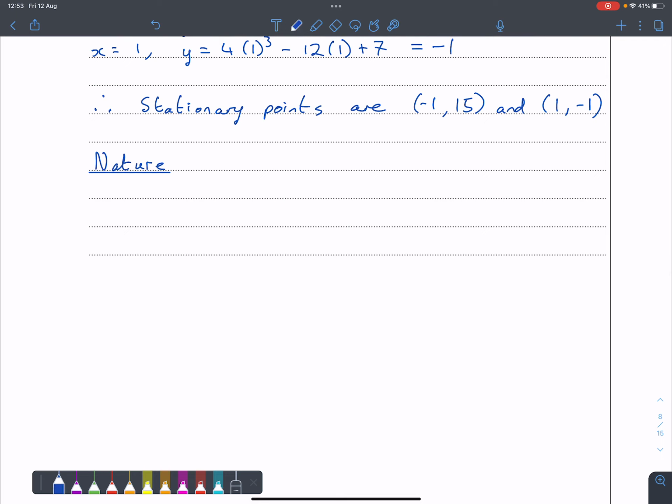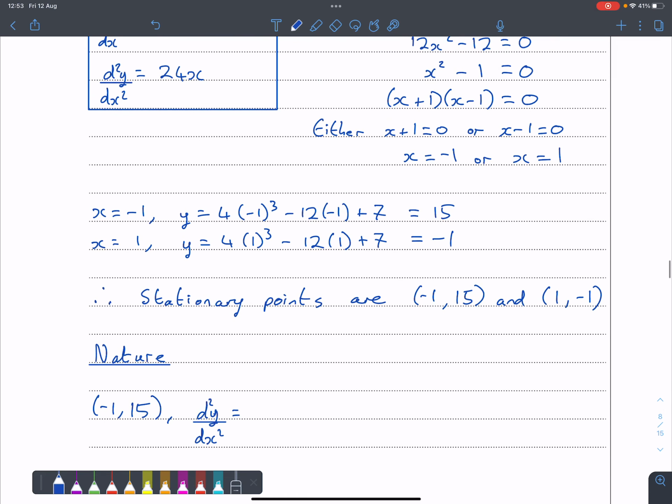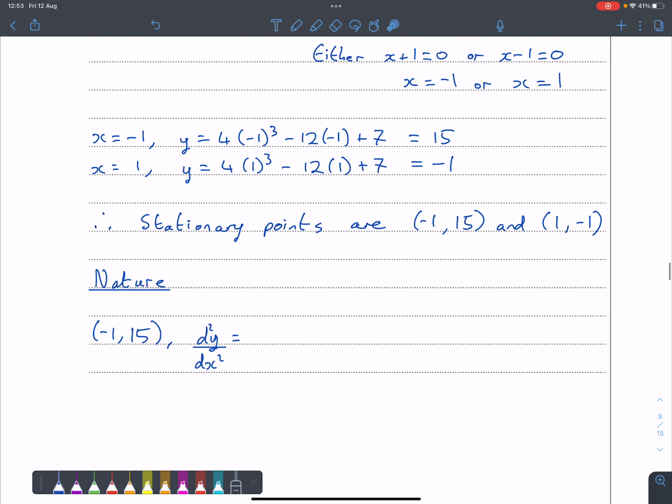If we take the point negative 1, 15 and look at d2y by dx squared at this point, that expression is 24x, so 24 lots of negative 1, which is negative 24.